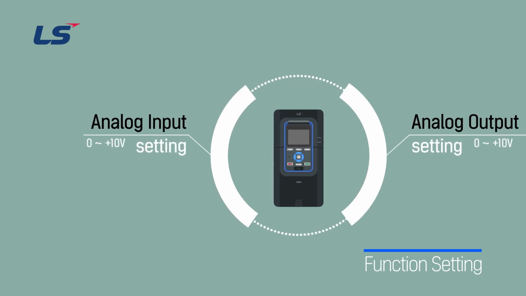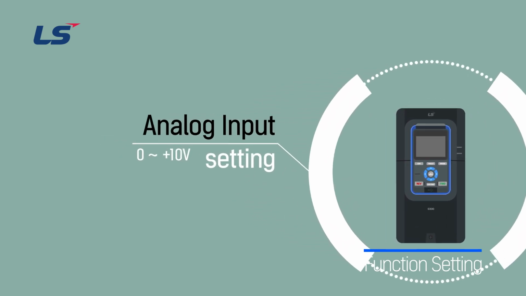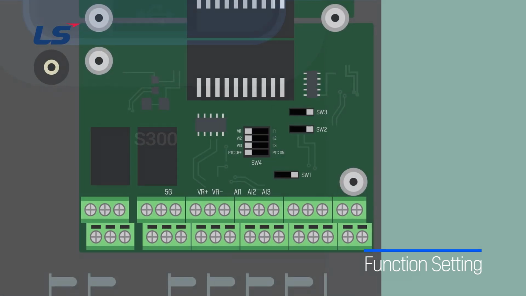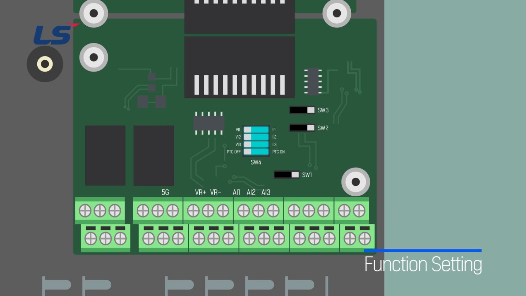First, let's start with the wiring method for setting the target frequency with an analog 0 to 10 volt input. The S300 allows you to select and use AI1, AI2, AI3 as either voltage or current through a switch located on the control board.